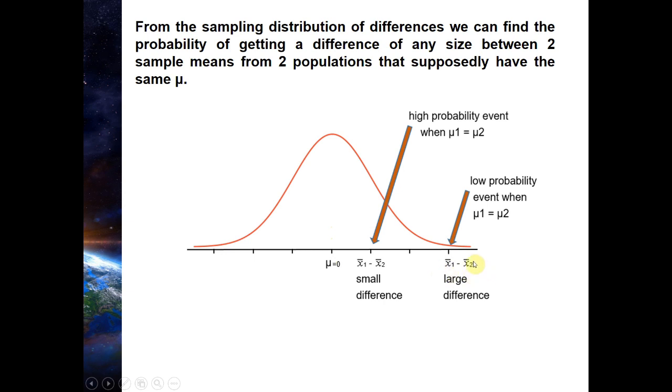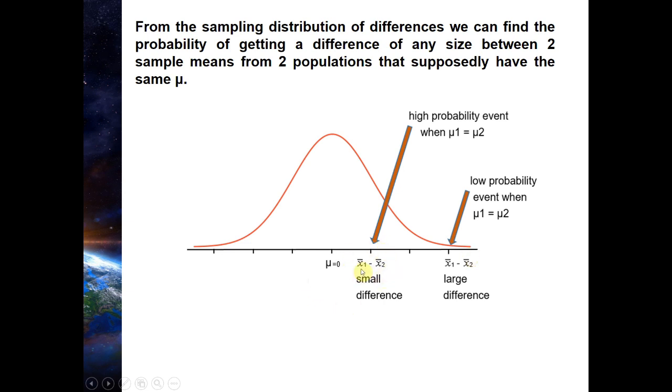But it's so big, so highly unlikely, that we're going to say it probably does not belong here. It probably means our initial assumption was false. And you know what? There is a difference between men and women.